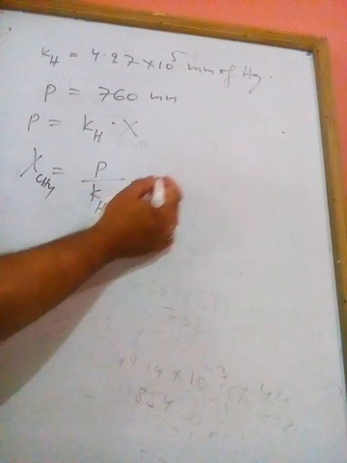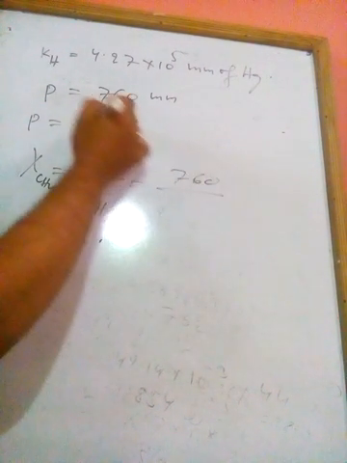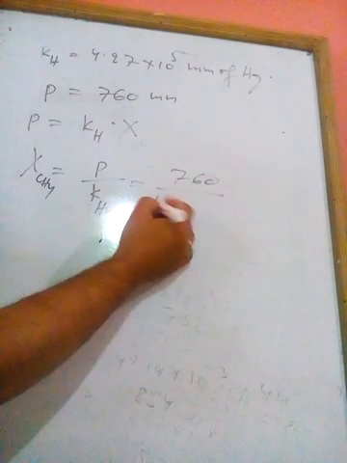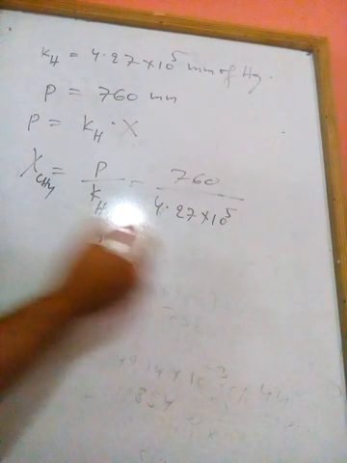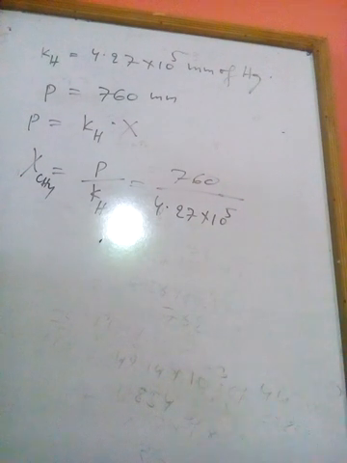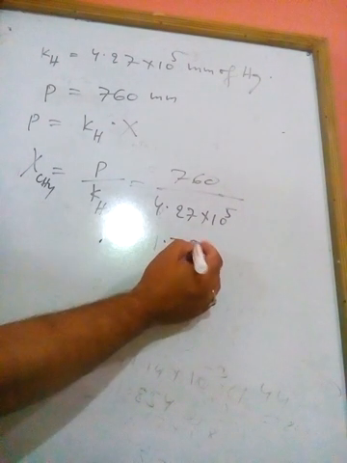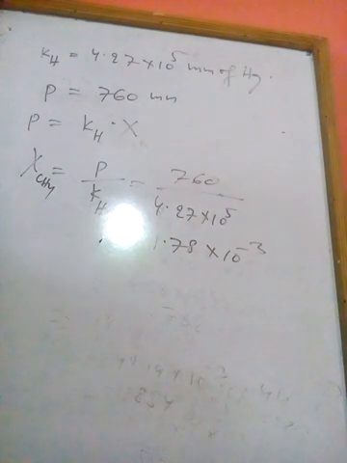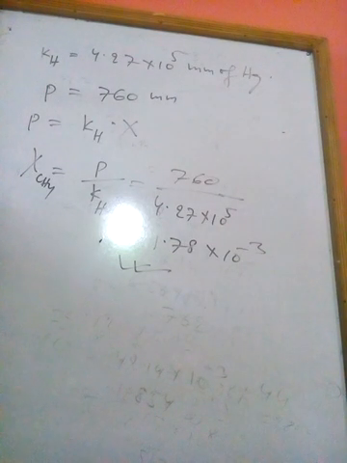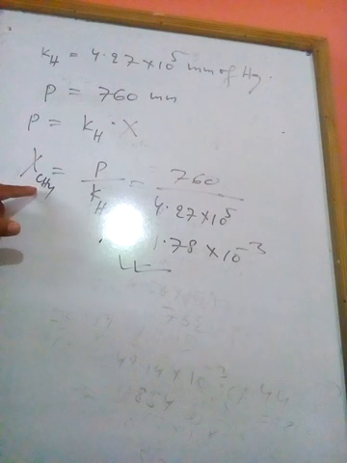So here P is given, 760, by KH, which is 4.27 into 10 to the power 5 mm. So on division we get 1.78 into 10 to the power minus 3. So in this way we can solve this numerical. Here X, the mole fraction, means the mole fraction of methane.